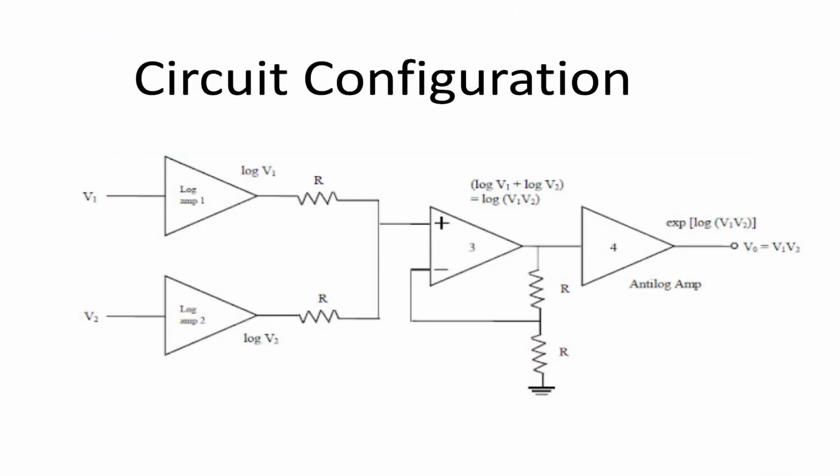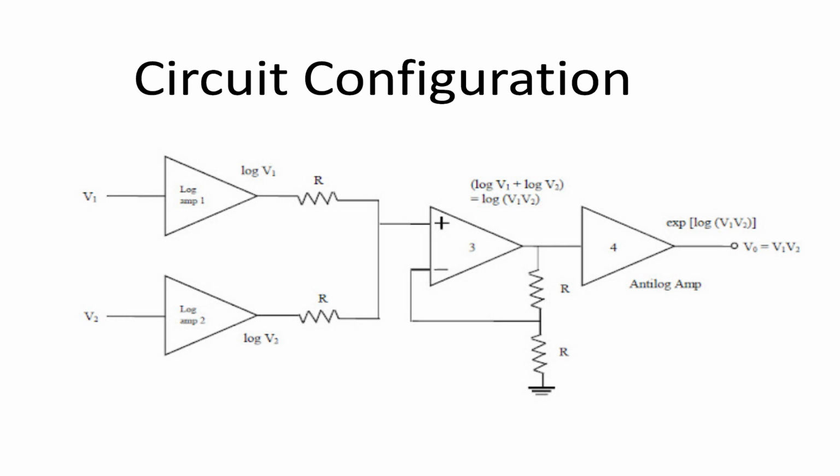In this, you see the circuit configuration. Here consider a basic analog multiplier circuit with two input voltages V1 and V2 to be multiplied. The circuit uses an operational amplifier and several resistors to achieve the multiplication operation.